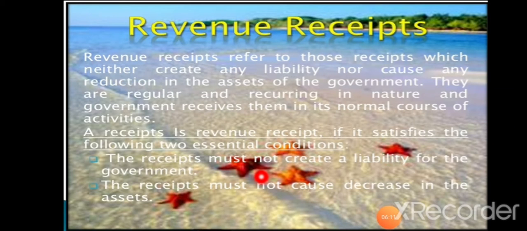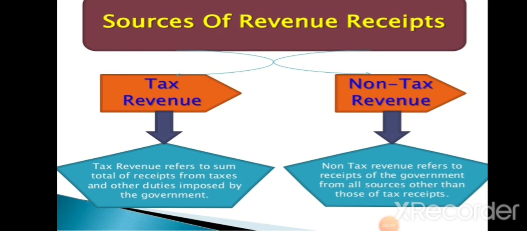Then, sources of revenue receipts are tax revenues and non-tax revenues. Firstly, tax revenues. Tax revenues refers to the sum total of receipts from taxes and other duties imposed by the government.